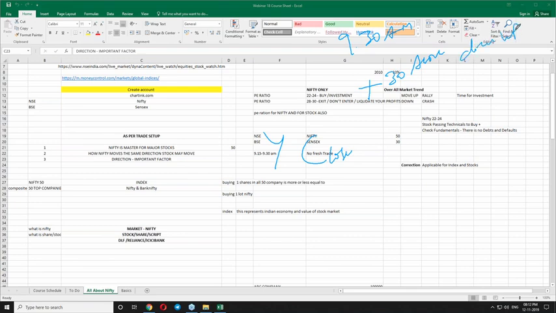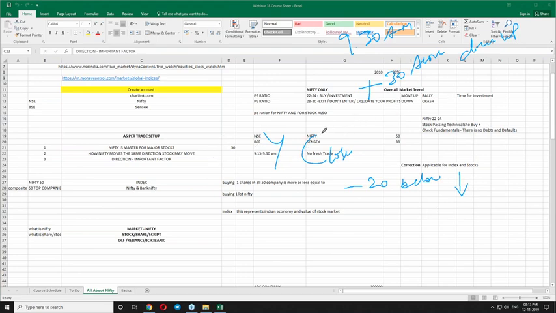Clear? Nifty is 30 and above, direction is up. If Nifty is minus 20 and below, direction is downtrend. Any doubt till here? There are many exceptions. I'll explain.